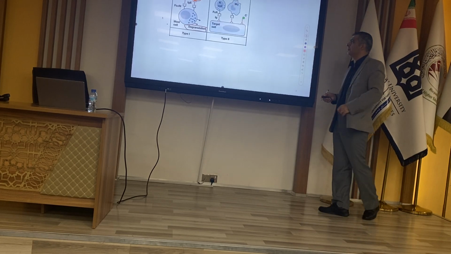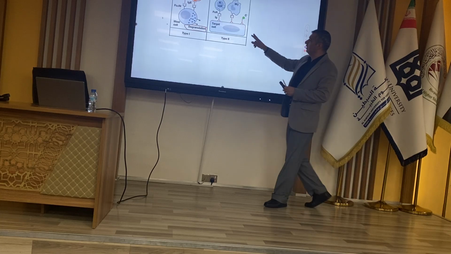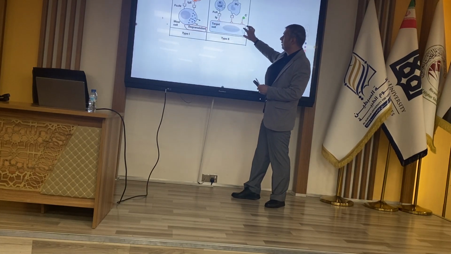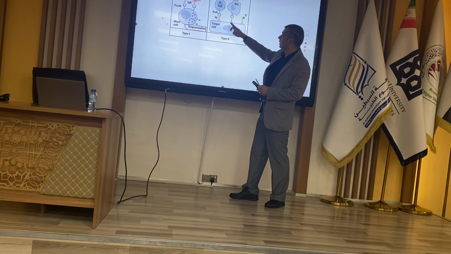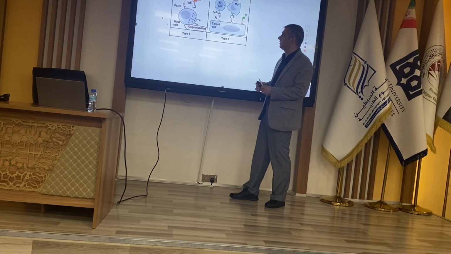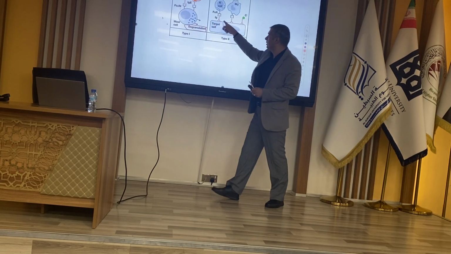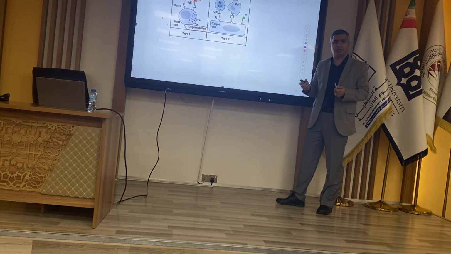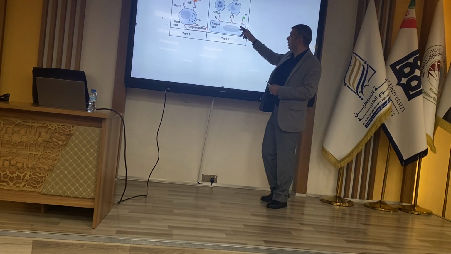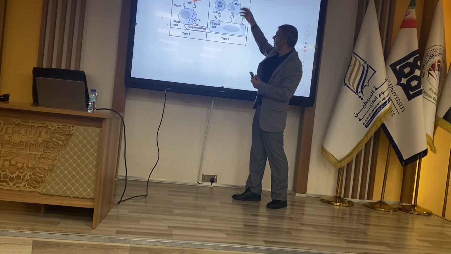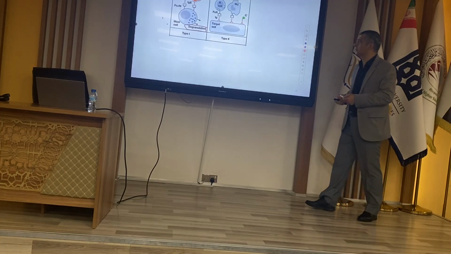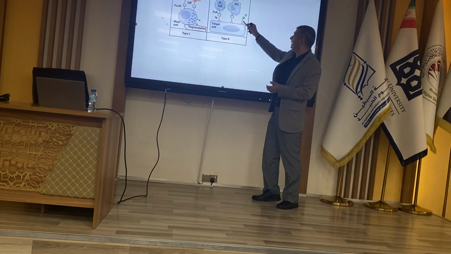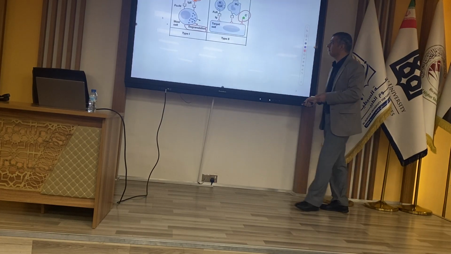In type 2 hypersensitivity, we again have antibody against target cells, but the type of antibody is different. Here we have IgE, but there we have mainly IgG and sometimes IgM, but mainly IgG. And the cells are different, and the whole story is different. Sometimes we have activation of complement.